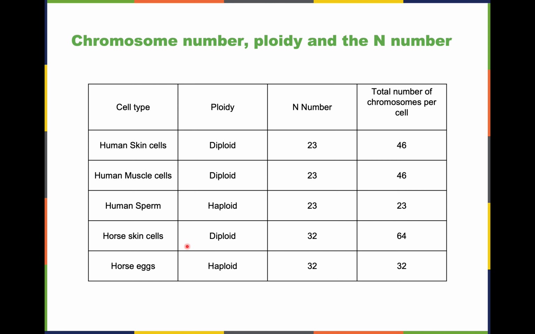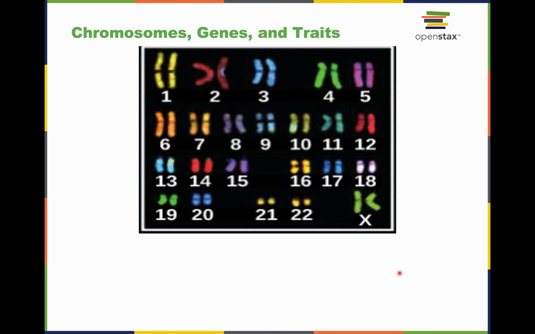What about horse eggs? The horse egg cells is haploid. The N number doesn't change because we're still talking about a horse. The total number of chromosomes per egg cell in a horse is 32. So I hope that makes it more clear.